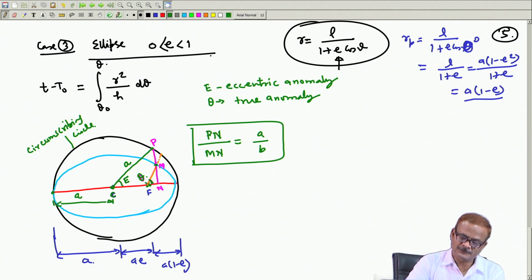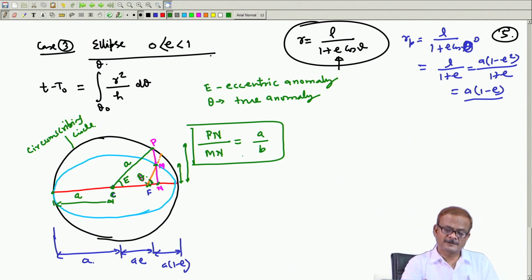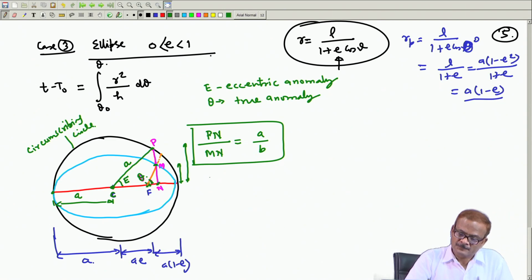It bears this ratio: this length and this length bear the ratio Pn by Mn equal to a by b. And this will help us in solving this problem.